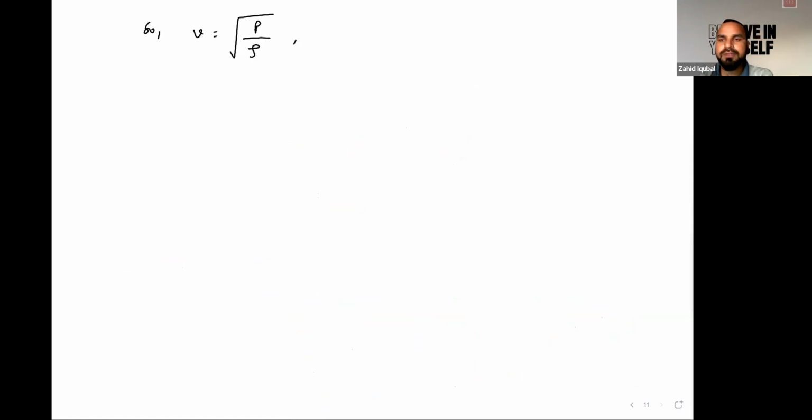Now, if you substitute this beta in the above expression, so you will get velocity is equals to root under P divided by rho. Now, if you have to calculate for air, pressure is 1 atm, that is 1.013 into 10 to the power 5 Pascal, and density of air is 1.293 kg per meter cube.